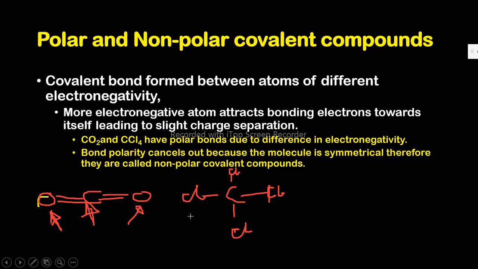Even in tetrachloromethane, the chlorine atoms are more electronegative than the carbon atom. So as a result, this C-Cl bond is going to be polarized.